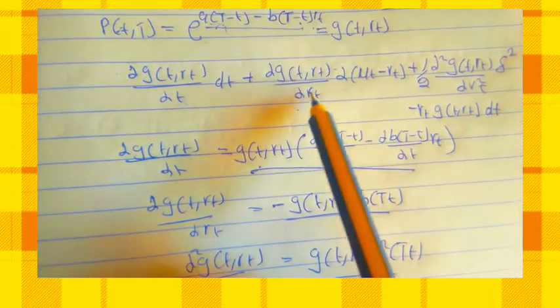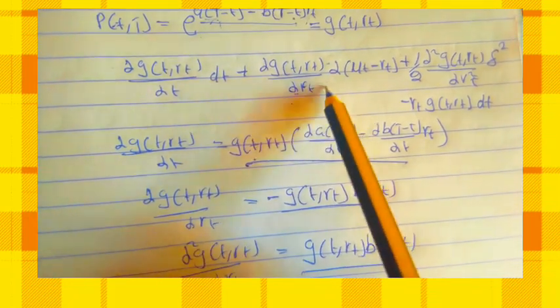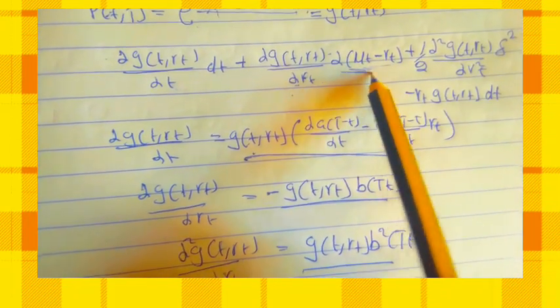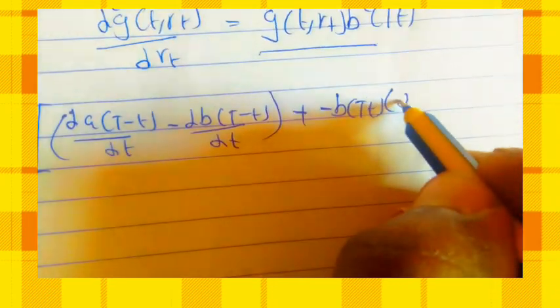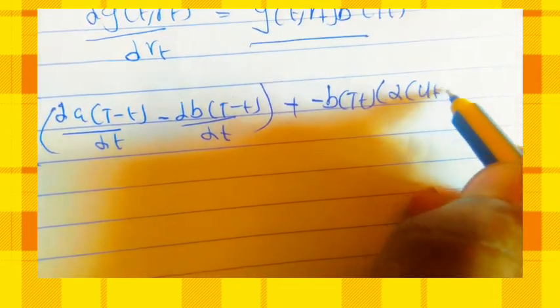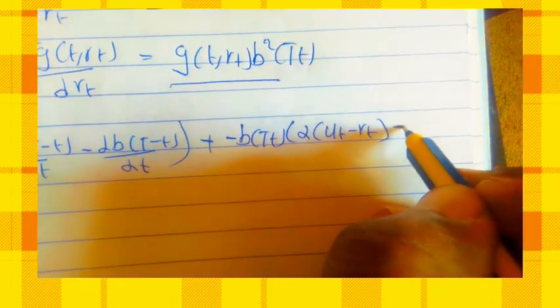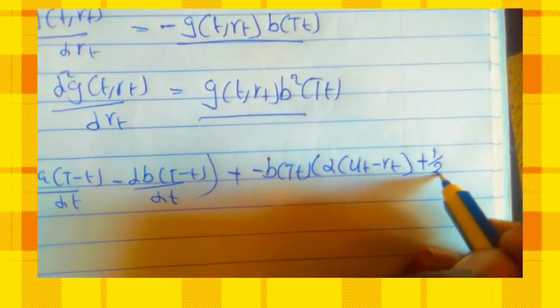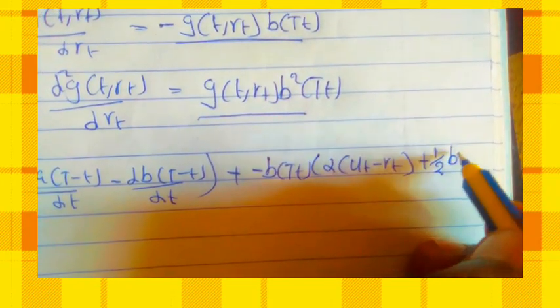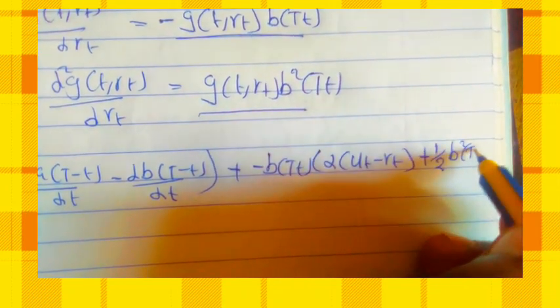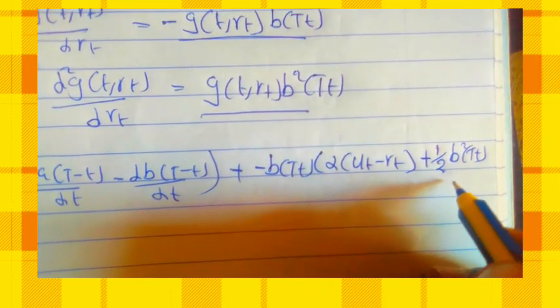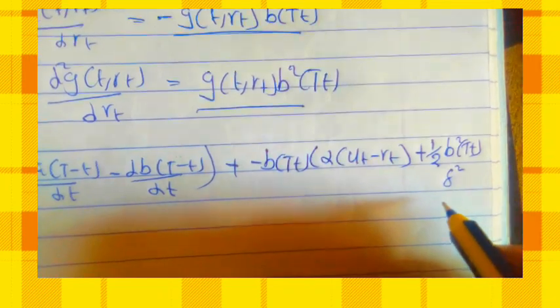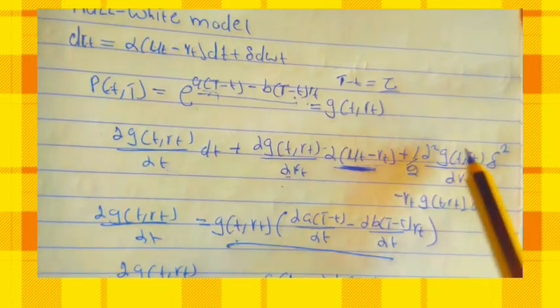This part already has dr_t multiplied by this one, we multiply by this part, alpha (mu_t minus r_t), plus a half B squared(T, t) times sigma squared, this sigma squared.